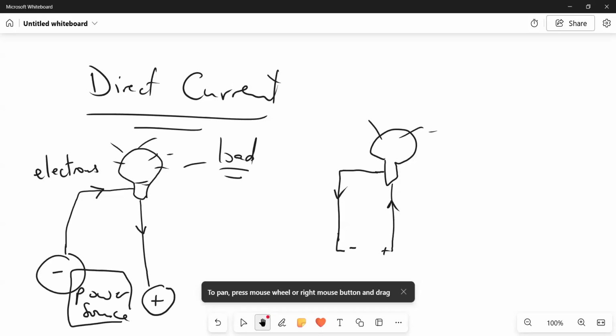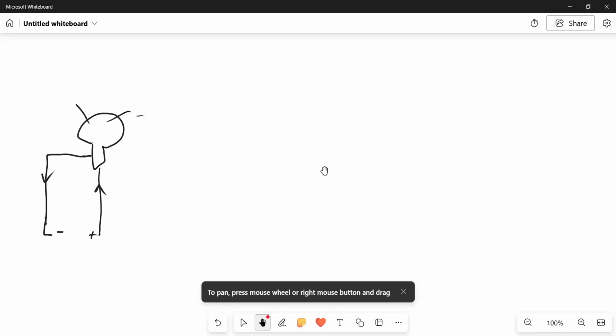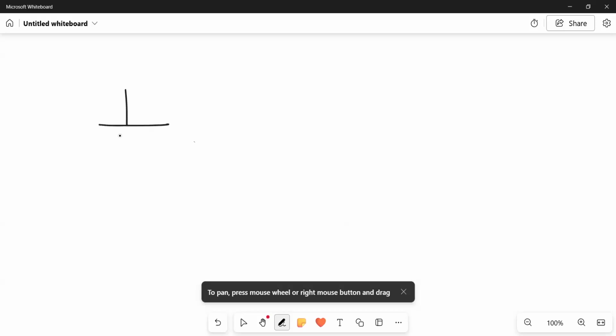Now, what causes the flow? And that brings us to the force, the force that is causing an electron or electrons to flow. So if you have a battery, I'll use a symbol. This is how you draw a battery, right?